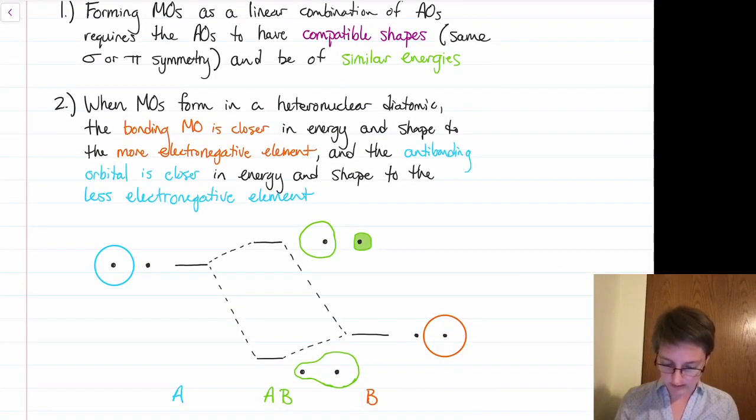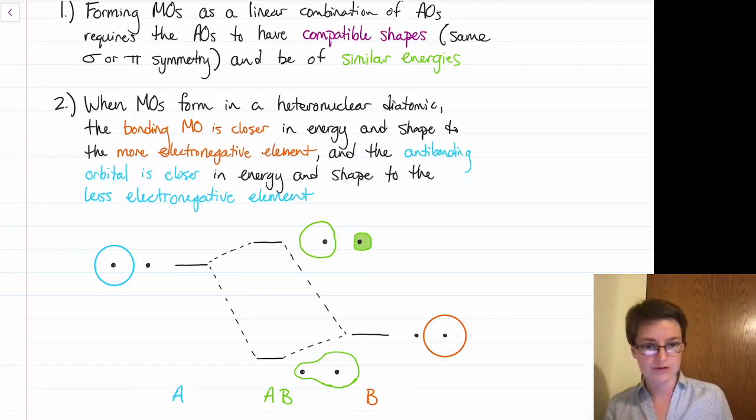Our second big takeaway is that when MOs form in a heteronuclear diatomic molecule, the bonding MO is closer in energy and shape to the more electronegative element, which remember has lower atomic orbital energies, and the antibonding orbital is closer in energy and shape to the less electronegative element.